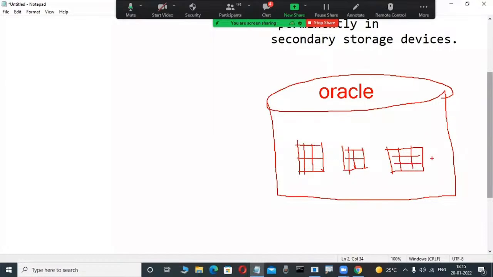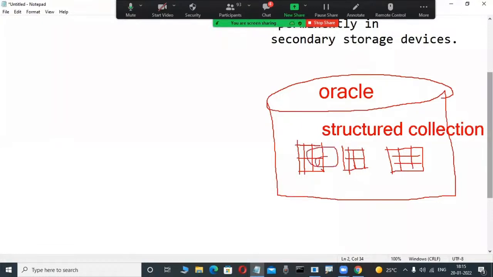All relational databases store a structured collection of data, not non-structured. Non-structured data belongs to other databases. Oracle is one of the popular relational databases.